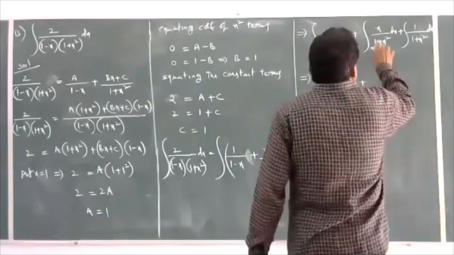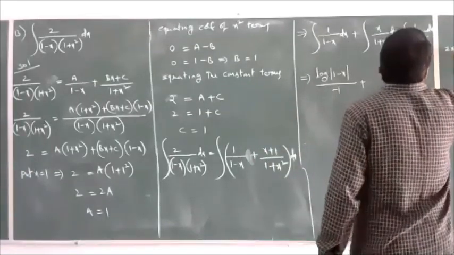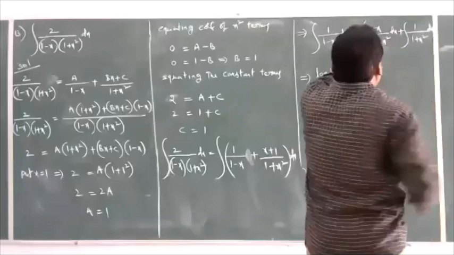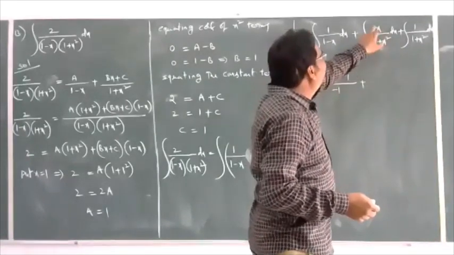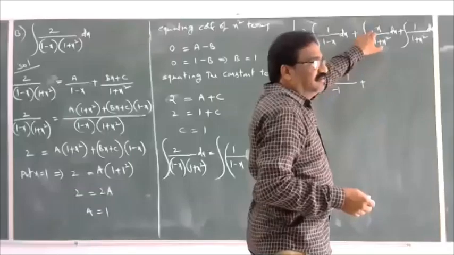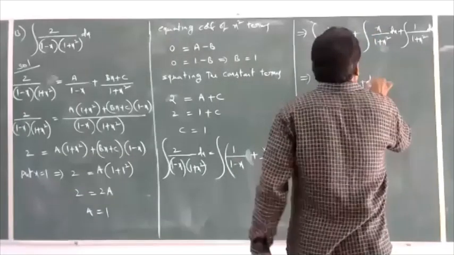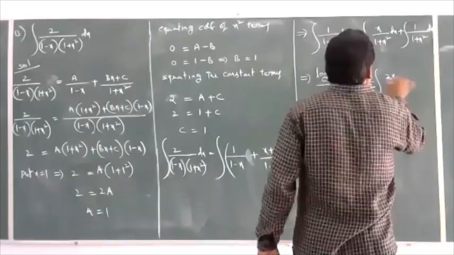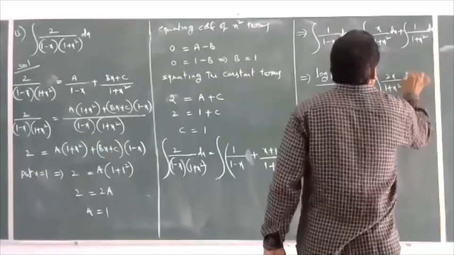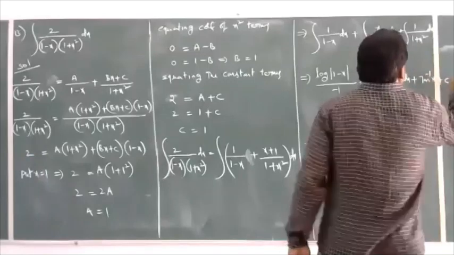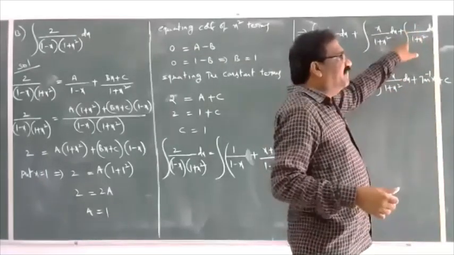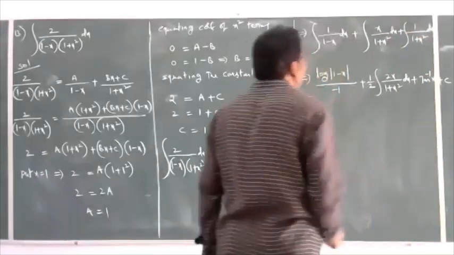Plus here, 1 plus x square has derivative 2x. You observe that the denominator 1 plus x square has derivative 2x, so we require 2x here. Multiplying by 2 and dividing by 2, that is 1 by 2 into the integration of 2x by (1 plus x square) dx. Plus this is tan inverse x plus C, the integral of 1 by (1 plus x square) being the tan inverse x formula.